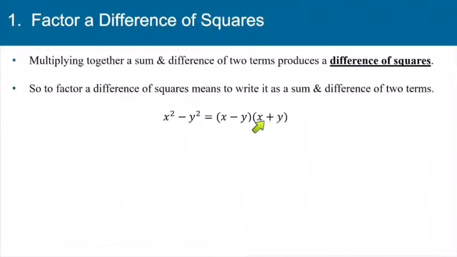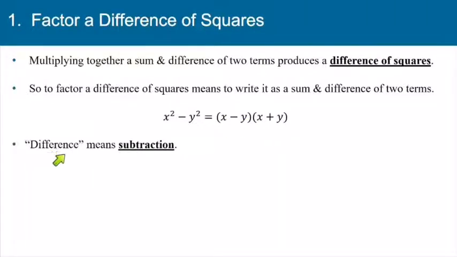So in chapter 5, we learned how to take a multiplication problem like this and multiply these two binomials together to get this. And remember, when we would do that, the outer and the inner would cancel out and would just leave us with two terms. Well, in this section we're going backwards. We're going to start with this form and we want to learn to put it back into this factored form where we've got a sum and difference of the same two terms.